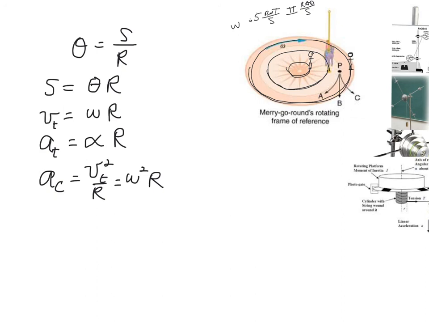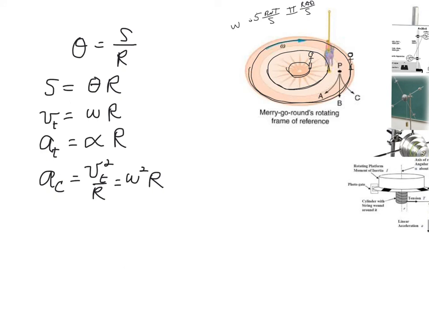And if the thing is accelerating, either positive or negative, then the linear acceleration of each person can be gotten in the same way, the tangential acceleration, right? If this person is speeding up, it will simply be the angular acceleration times r. Once again, the person closest to the center has the least acceleration, and the person far out the most acceleration.